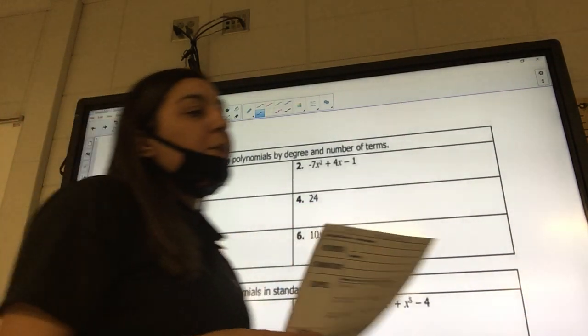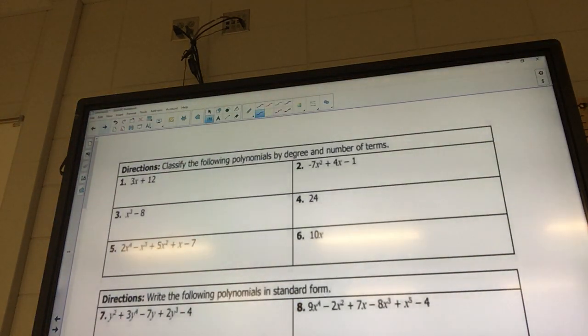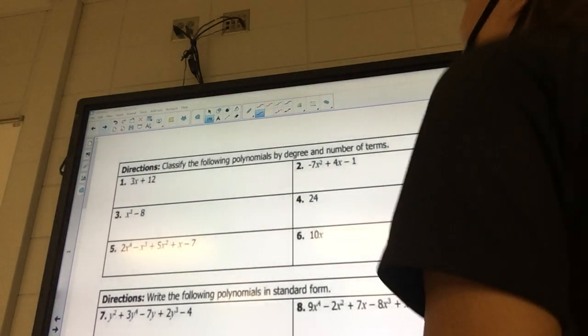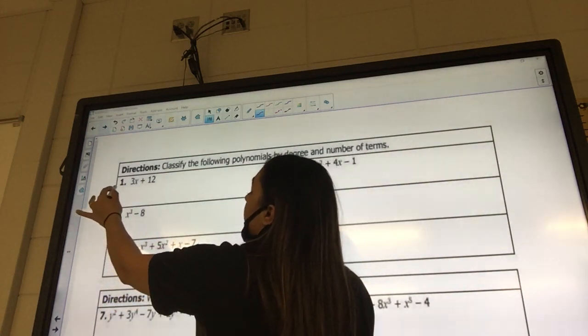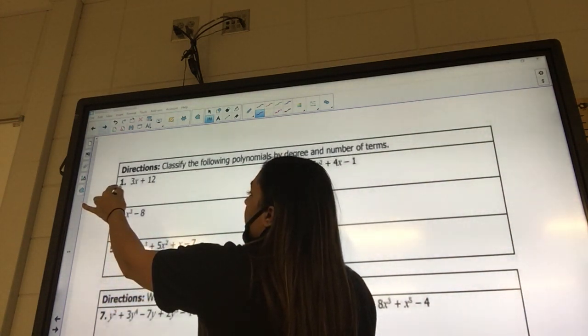Okay, what does this one say for your directions? Is it writing in standard form or is it classifying? Classifying. It's classifying, so make sure you read each section of these instructions, okay? So, what's the highest exponent?